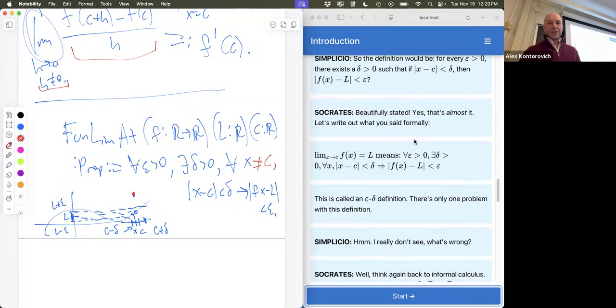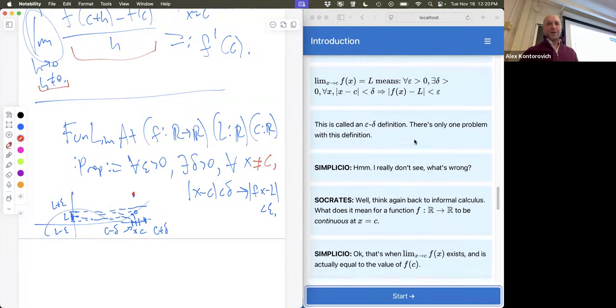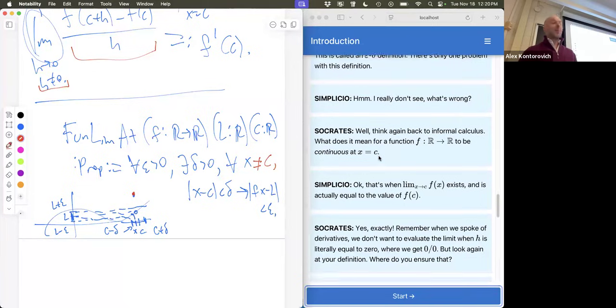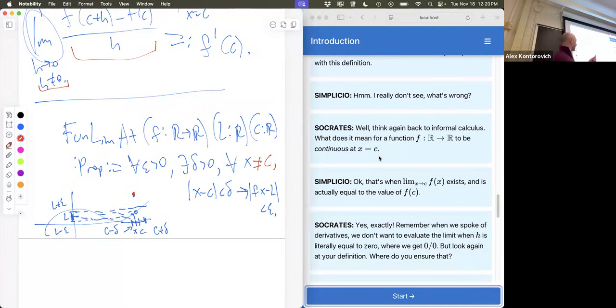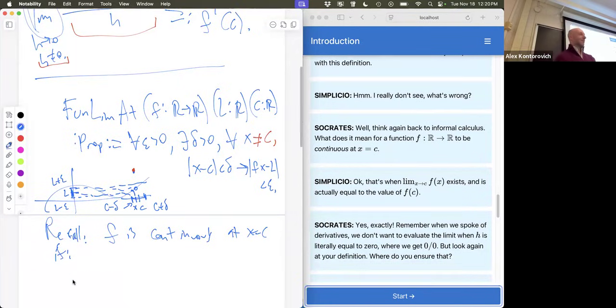Okay. So what's wrong is, remember what continuity is. The first thing you learned in calculus was limits. The second thing you learned was continuity. So recall, just in natural language, f is continuous at x equals c if what are the two conditions?